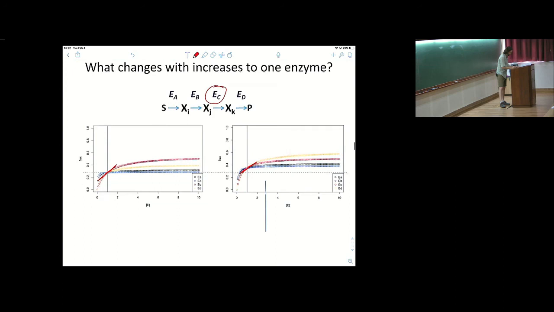So we've got a lot here, and then I'm off the stage. So the control coefficient of the changed enzyme goes down, and the rest go up to still add to 1.